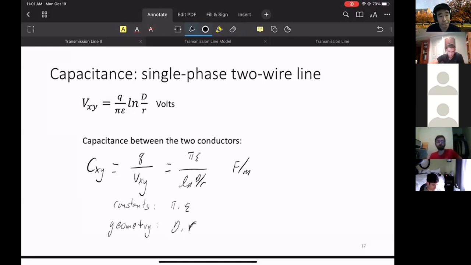The larger the D, the smaller the capacitance. The larger the small r, the larger the capacitance. So these are just the values we have for the capacitance between a single two-phase line.